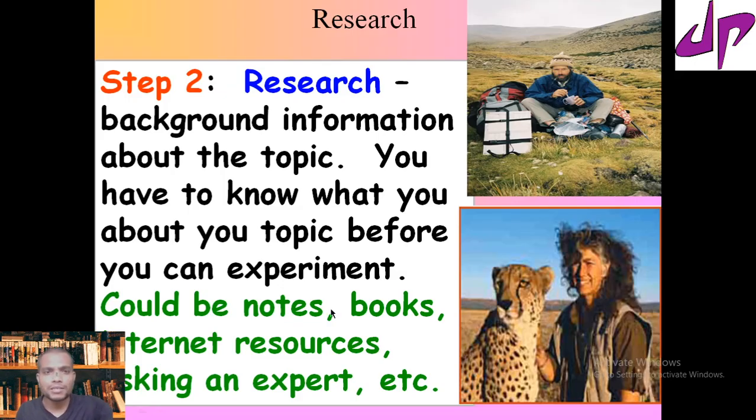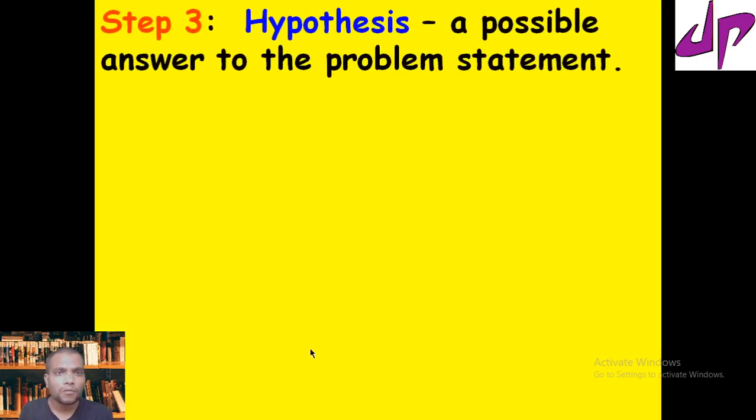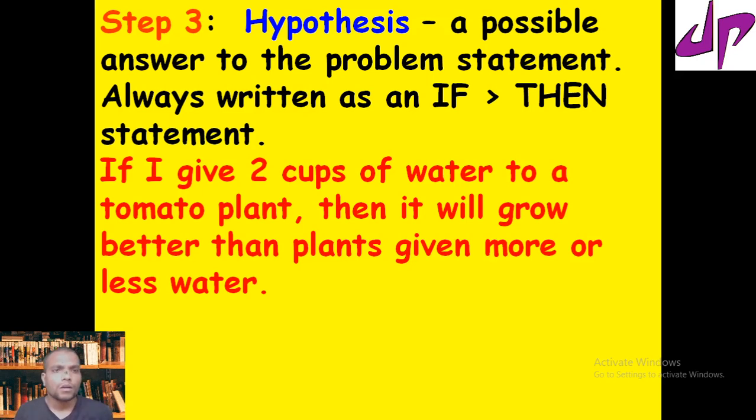For your understanding, I have a question right now here. The question is, what if I give 2 cups of water to a tomato plant, will it grow better than plants given more or less water?